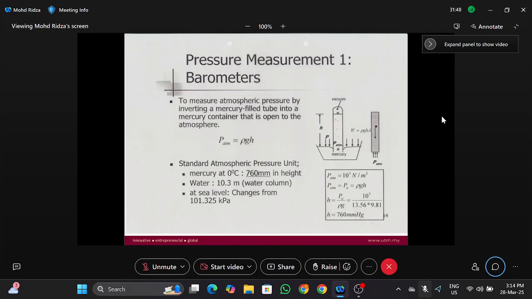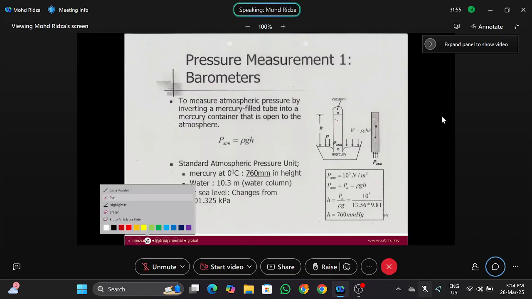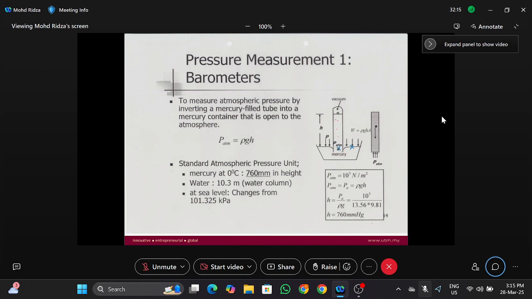We calculate the pressure by going back to basics. This is the concept. I hope you can see my marker here. The pressure here, at the border between the atmosphere and the mercury, and the pressure here, inside the tube but at the same level, must be the same.